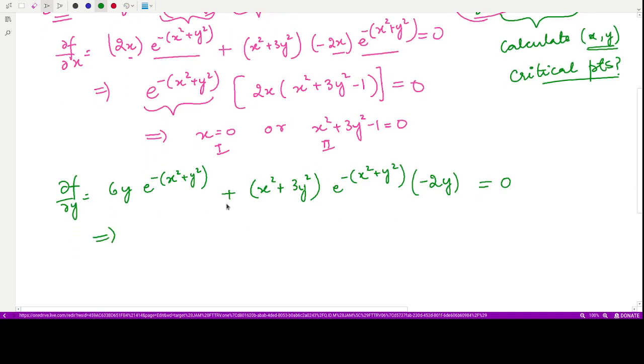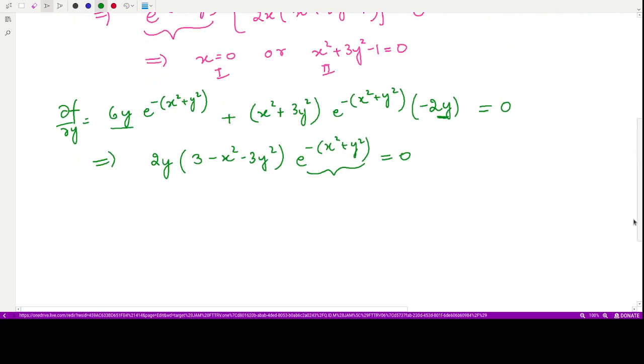When you rearrange and simplify, you can take 2y common from both the terms. You would be left with 3 minus x square minus 3y square into e to the power minus x square plus y square is equal to 0. Now this exponential term cannot be 0, being an exponential function that is always a positive quantity. Therefore we only have either y is 0 or 3 minus x square minus 3y square is equal to 0. This is the third term over here and this is the fourth term over here.